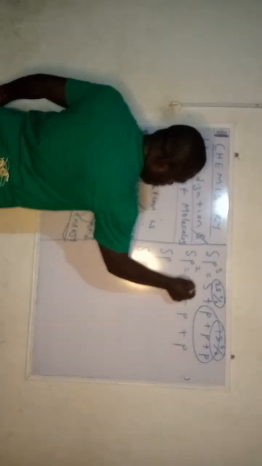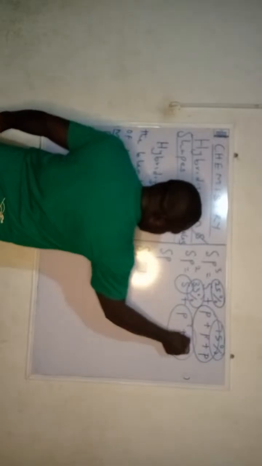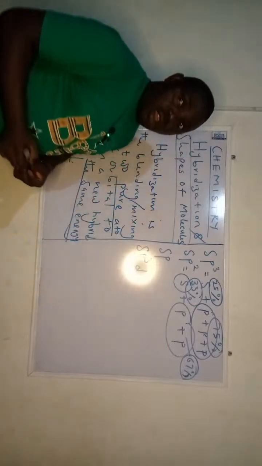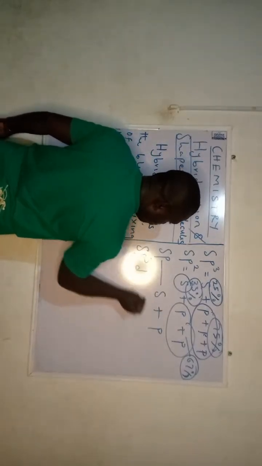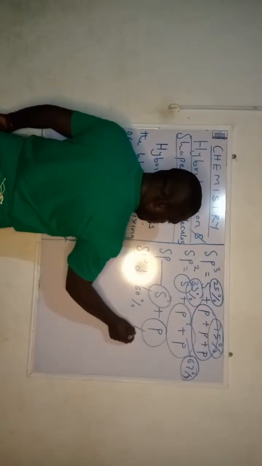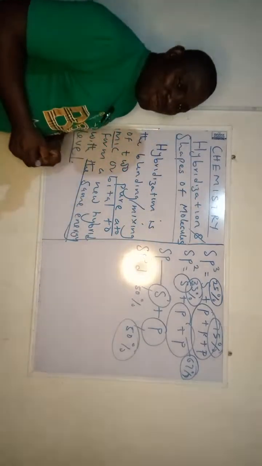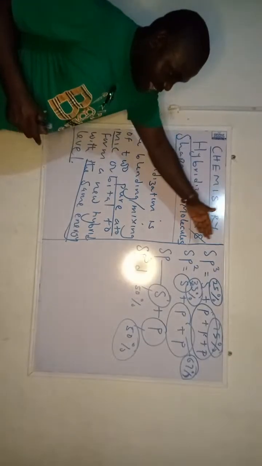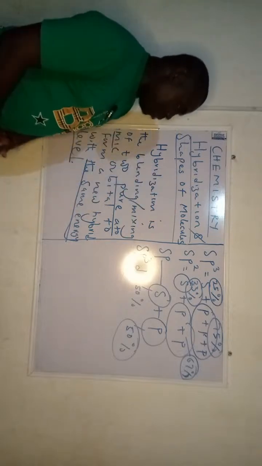If this is 33% in the s orbital, then the p orbital is 67 percent. Then when you come to sp, it means s plus p, and 50% is contributed by the s orbital and 50% is also contributed by the p orbital. I hope that's very clear. Actually, I've not started. I'm just trying to explain the sp3 hybridization, the sp2 hybridization, and the sp hybridization.